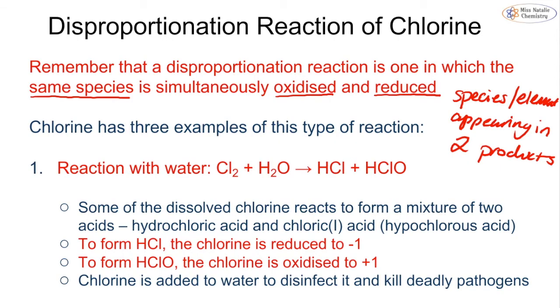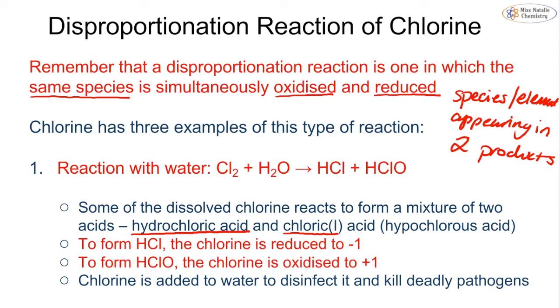So when we have chlorine reacting with water, we're going to form a mixture of two different acids. We make hydrochloric acid, which is HCl, the one that you're probably more familiar with, and we also make chloric(I) acid, sometimes known as hypochlorous acid.